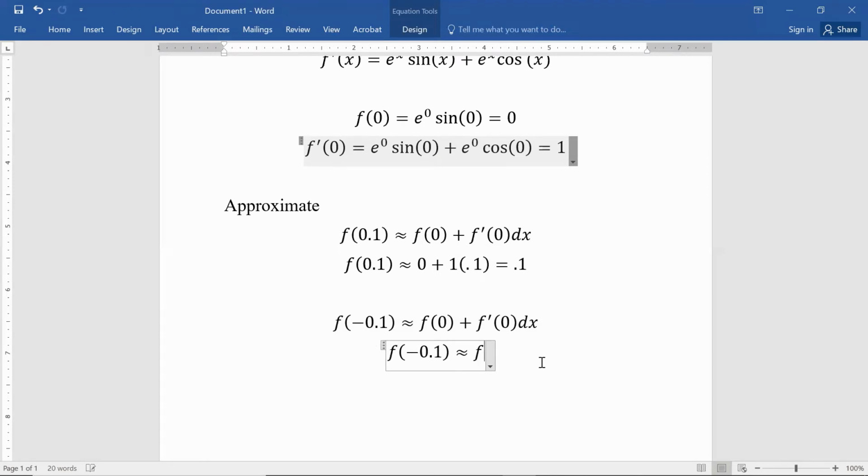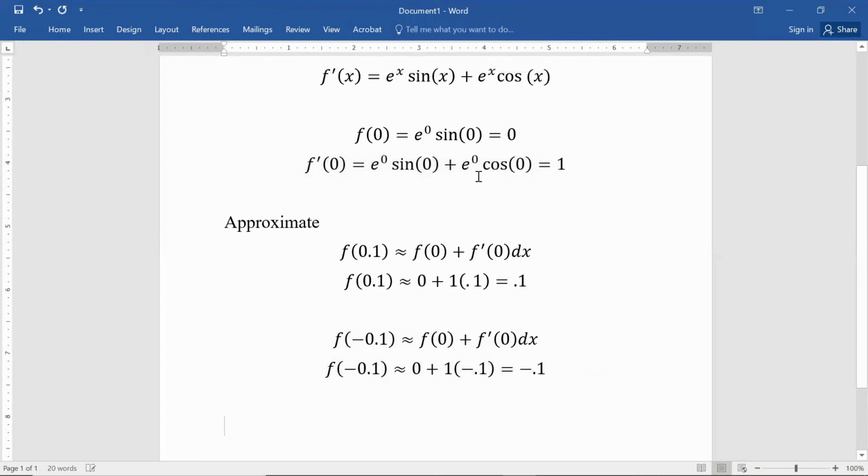So f of 0 is 0, f prime is 1, and negative 0.1 is our differential. So the approximate value of f of negative 0.1 is negative 0.1.